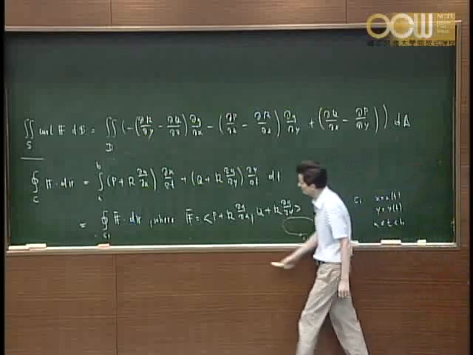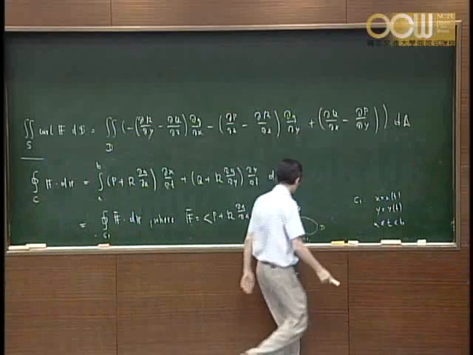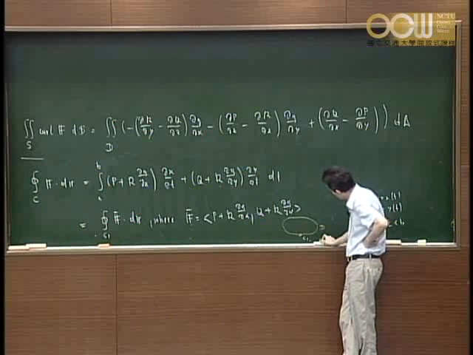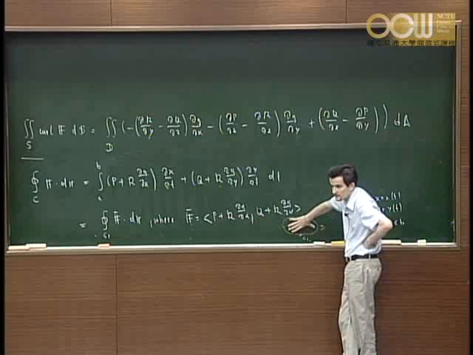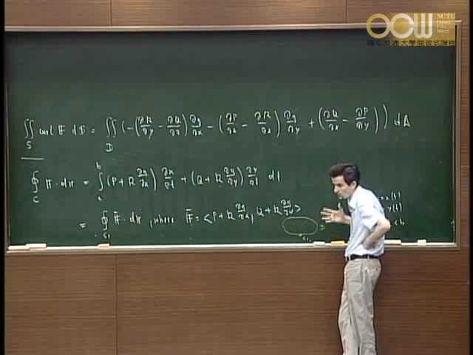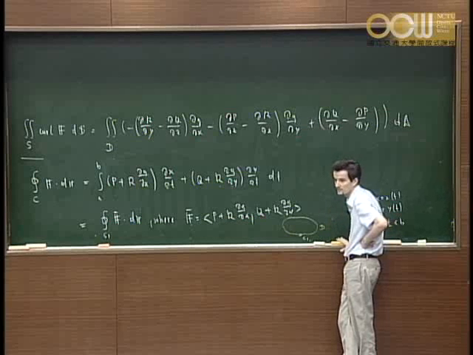And here I can now apply Green's theorem, because you see that the orientation is also the right one. If I look at this D here, then C1 is the boundary of this D, and is already oriented in the right direction in order to use Green's theorem.